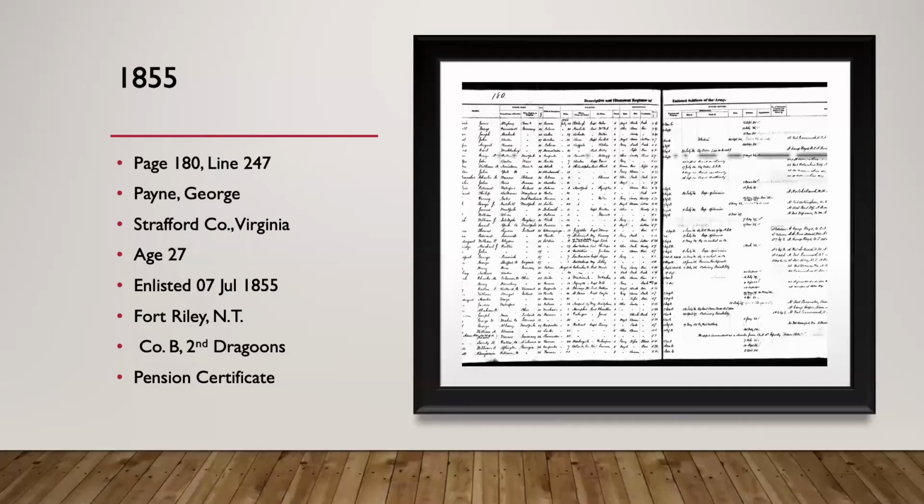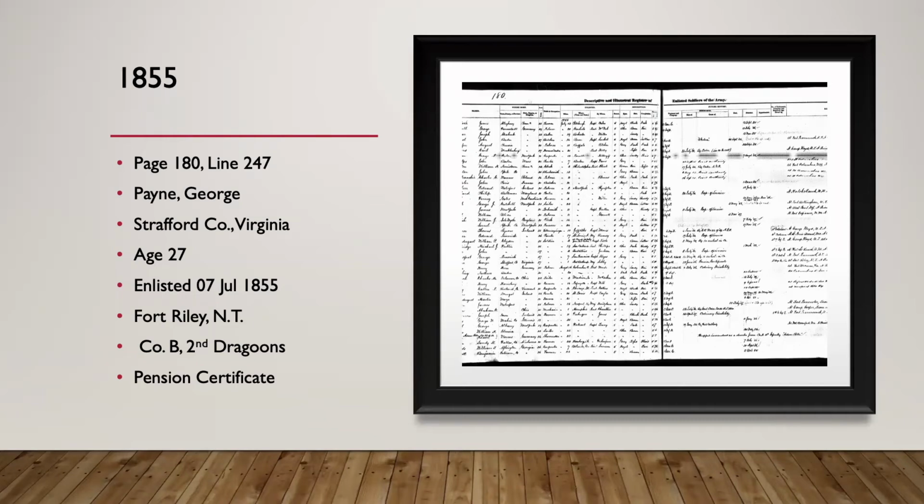Now let's go look at the 1855 one. And it turns out to be the same George Payne, age 27, enlisted 7 July 1855. He's now in Fort Riley, but he's with Company B, 2nd Dragoons, and he has a pension certificate. So he enlisted in 1855. Notice in the other book it said he enlisted 1 July, and then he was discharged. Well, here it shows him enlisted, and then a pension certificate.